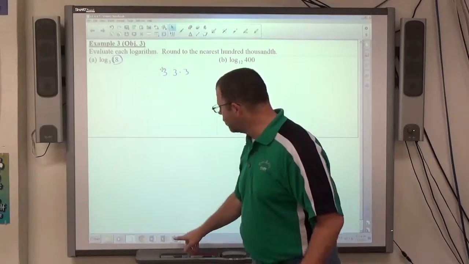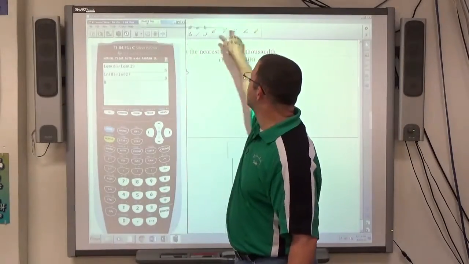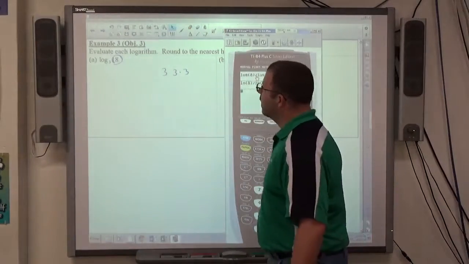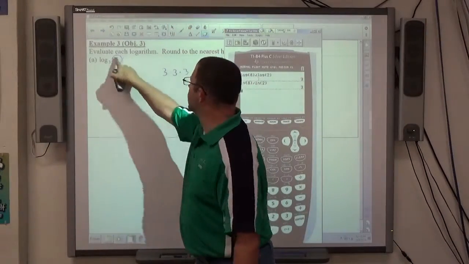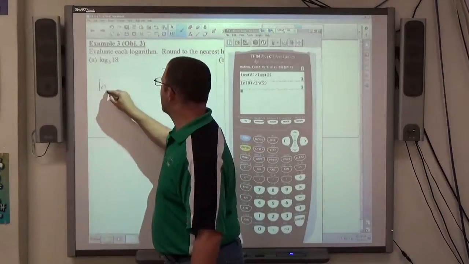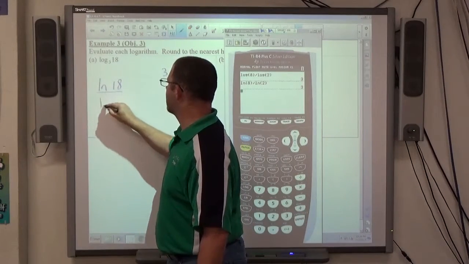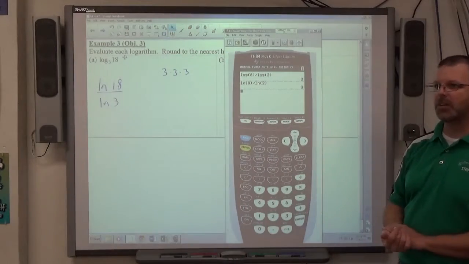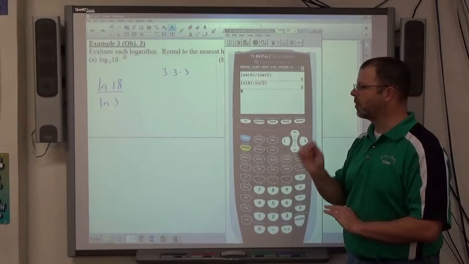So all I can do is come here, and we know, according to the change of base rules, that log of 18 base 3 is equivalent to the natural log of 18 on top over the natural log of 3 on the bottom, or again, log if you wish. I prefer ln because there's one less character to write. It saves myself writer's cramp.